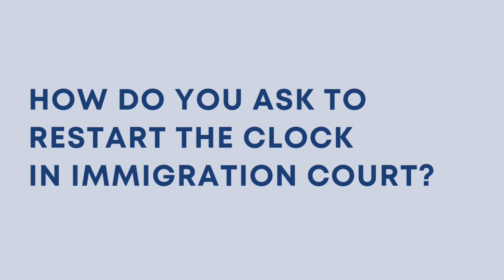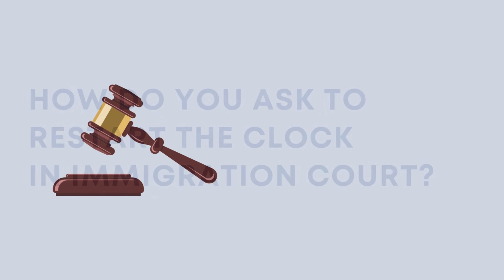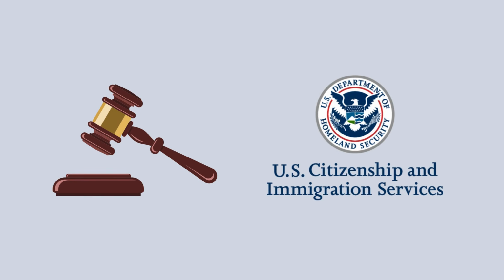How do you ask to restart the clock after it has been stopped in immigration court? The answer to how to restart your clock depends on whether you applied for asylum in immigration court or USCIS.